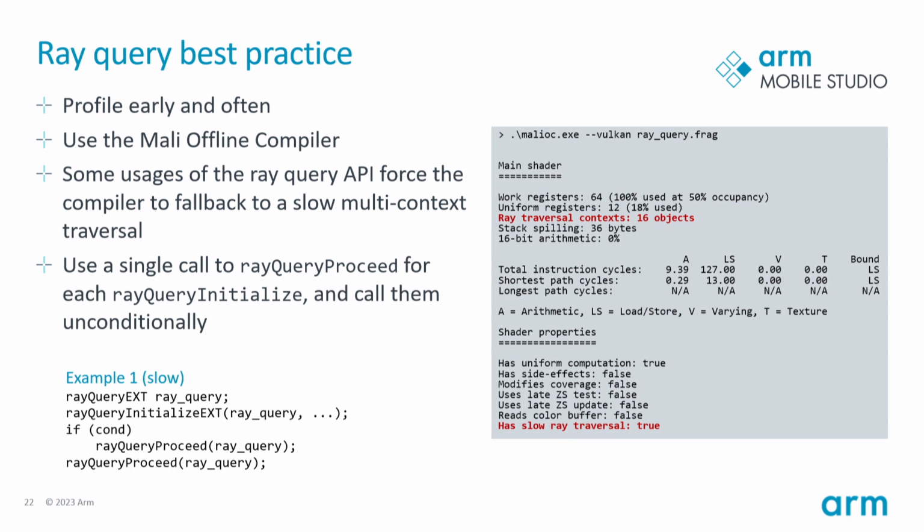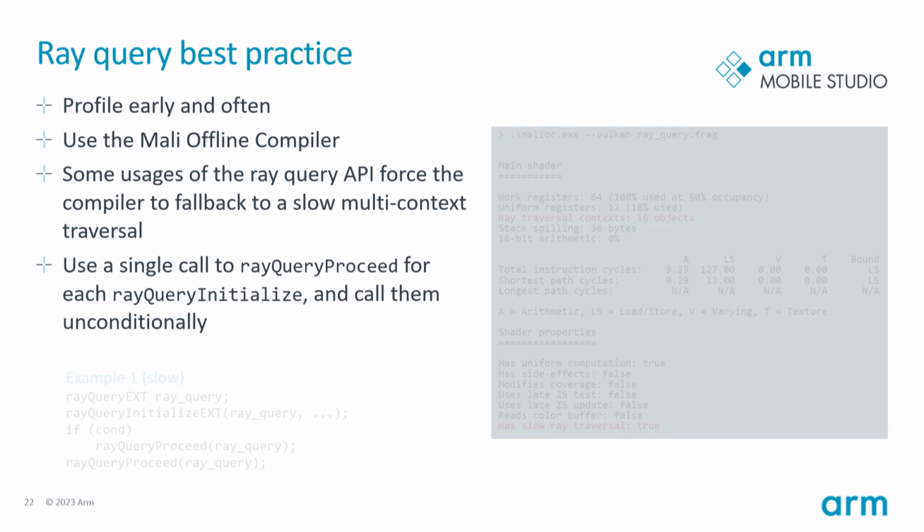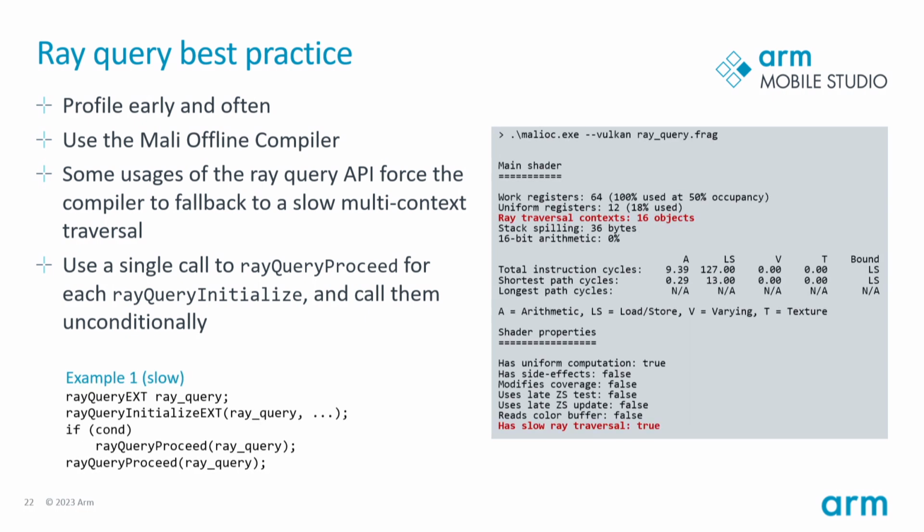So in this case, for the ray query, I highlight these two in red. Highlight these two relevant parts of the report. We are hitting the slow ray traversal case, and therefore we will be allocated extra traversal context, which we want to avoid if you want to get the best performance.